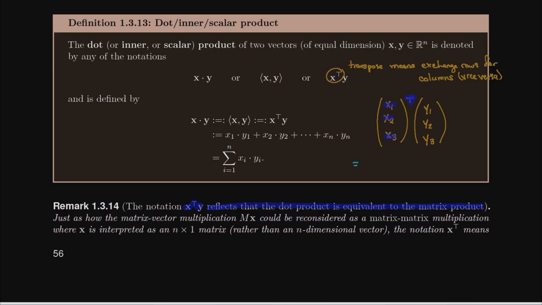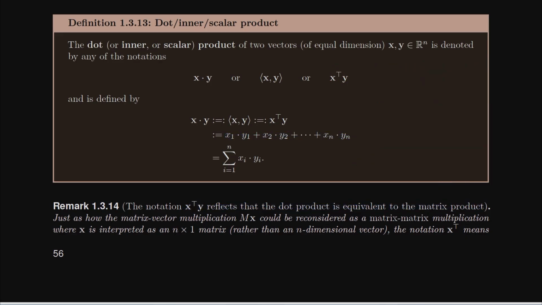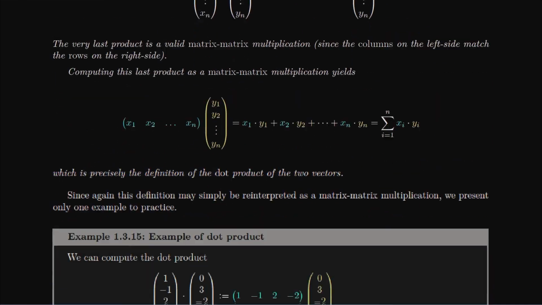So it just rotates that matrix to become horizontal as x1, x2, x3, and now this looks exactly like a matrix product, because I can select the row here and the column there and perform the multiplication on the row and the column, and you still end up with this exact same sum. So that's where this dot product is arising out of.